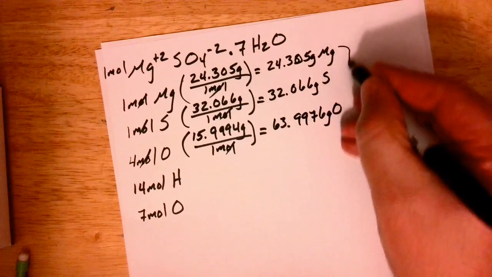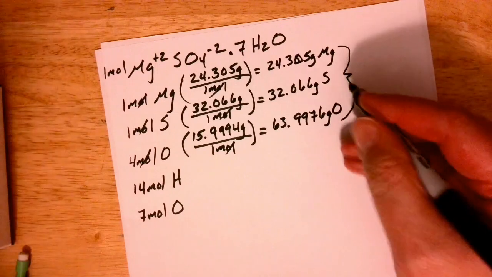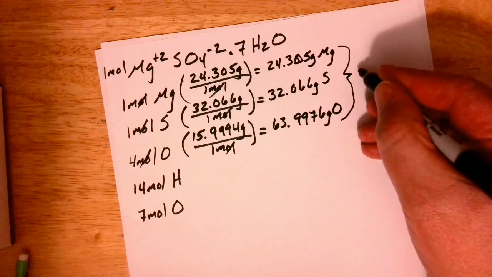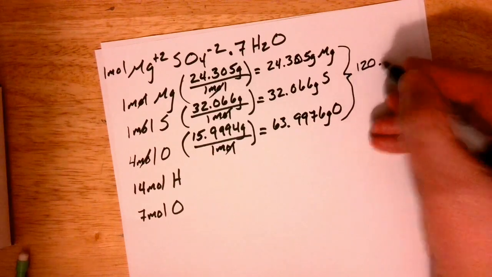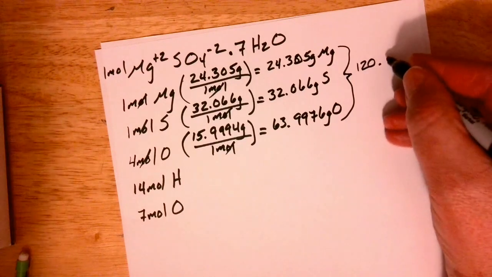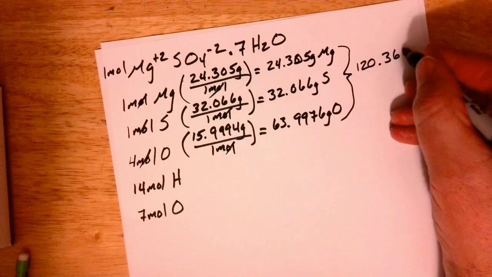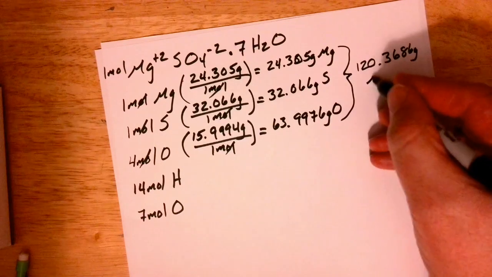So the total mass here for magnesium sulfate was 120.3686 grams of magnesium sulfate.